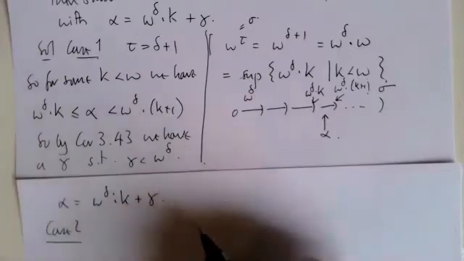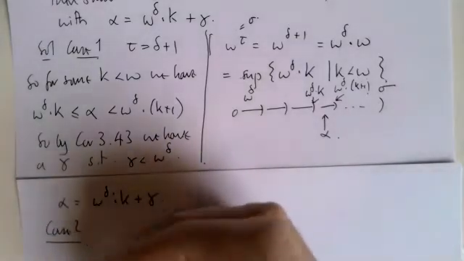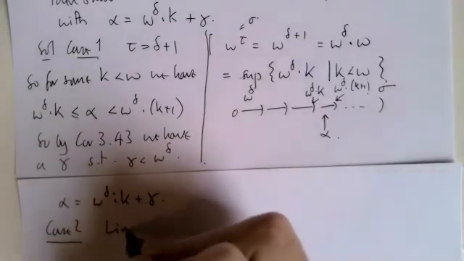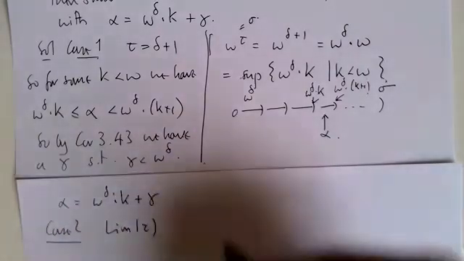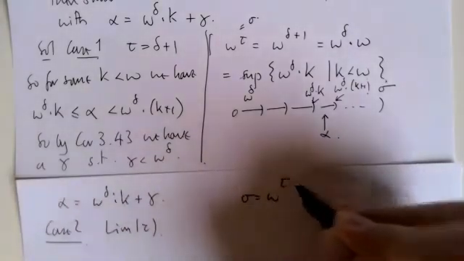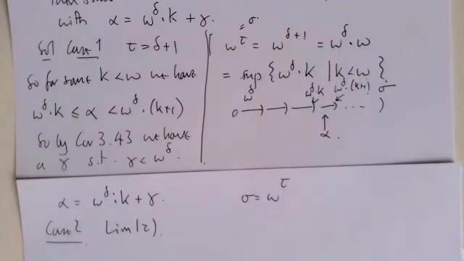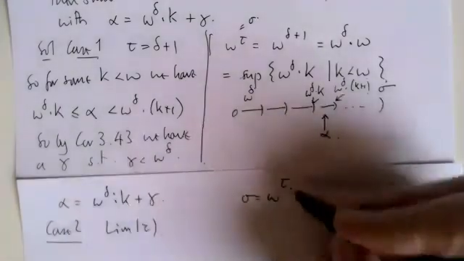Okay, case 2 is when tau is a limit. Right, so sigma is this omega to the tau. So again, sigma is then the supremum, right?